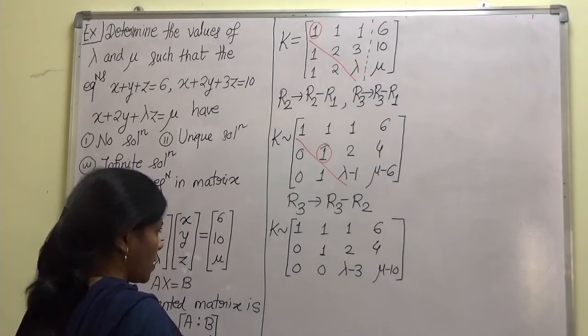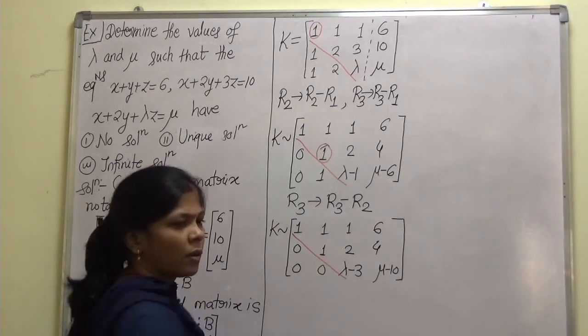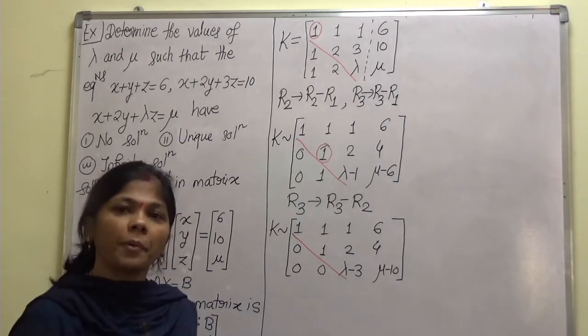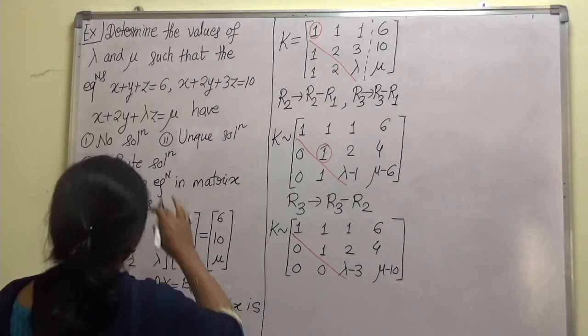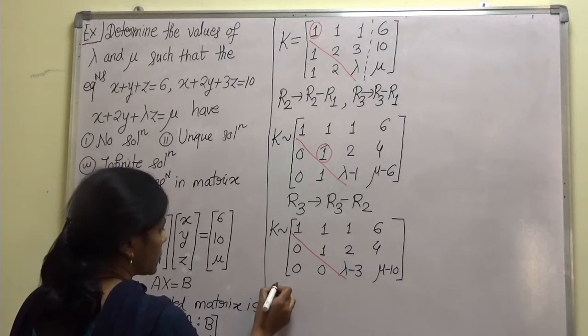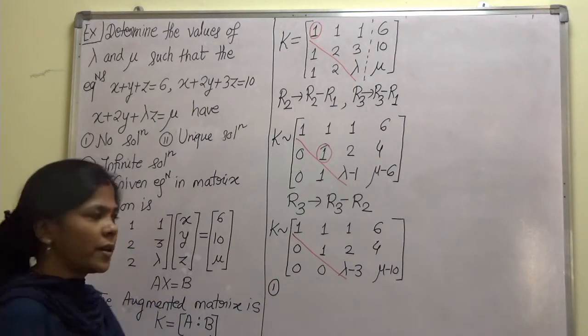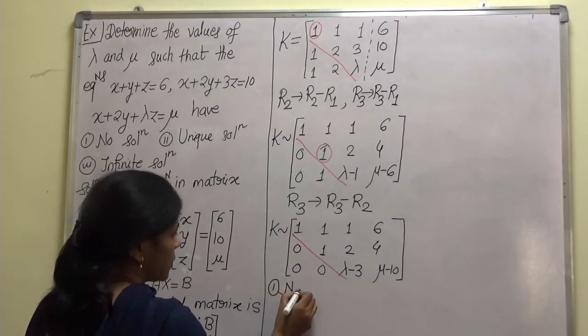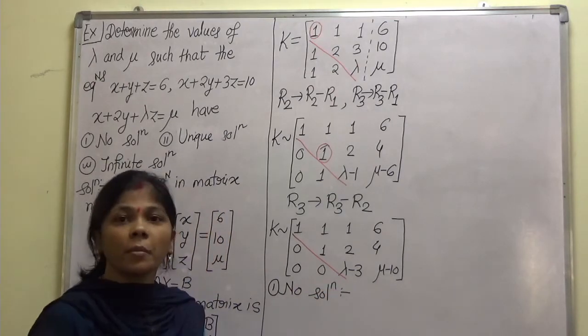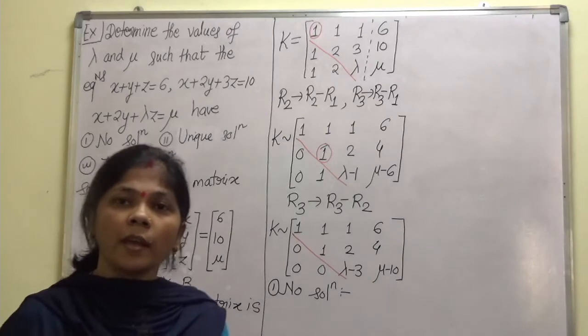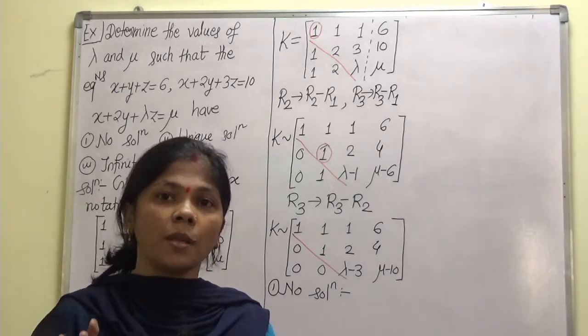In this way, what have we obtained? We obtain an echelon form or upper triangular form of the matrix. So let us consider cases one by one. First one, for no solution. What is the requirement? That the rank of A and the rank of K must not be equal.